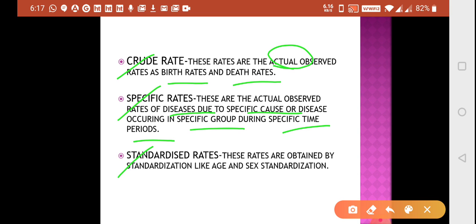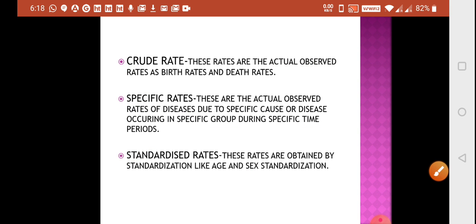That is your specific rate. And standardized is where you have made some standardization, like age or sex, that is a standardized rate. Not much, but you should know that these 3 types are rate, and they can ask you a question like which of crude birth rate, crude death rate is an example of a crude rate.